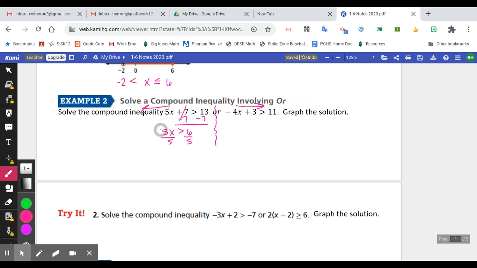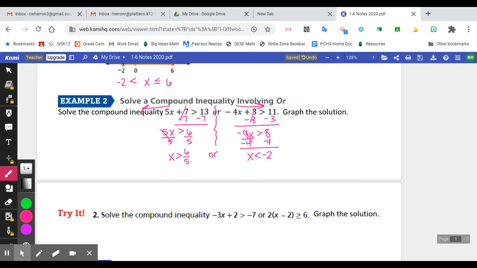Divide by 5. And x is greater than 6/5. Or subtract 3. -4x is greater than 8. Divide by -4. And x is, flip it because we did a negative, less than -2.